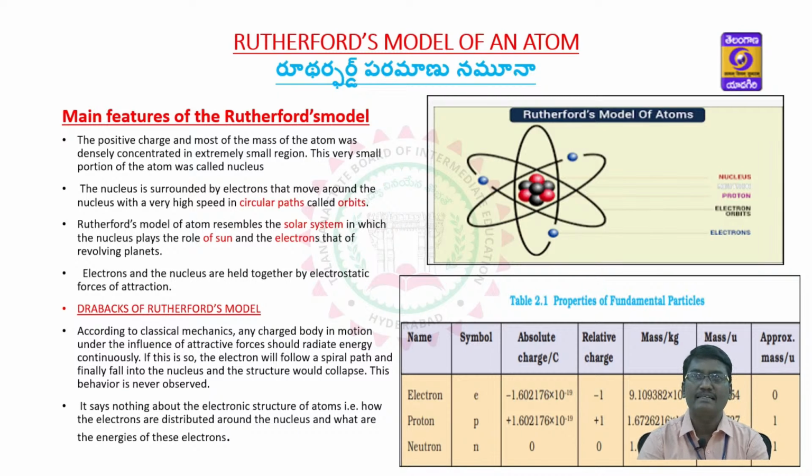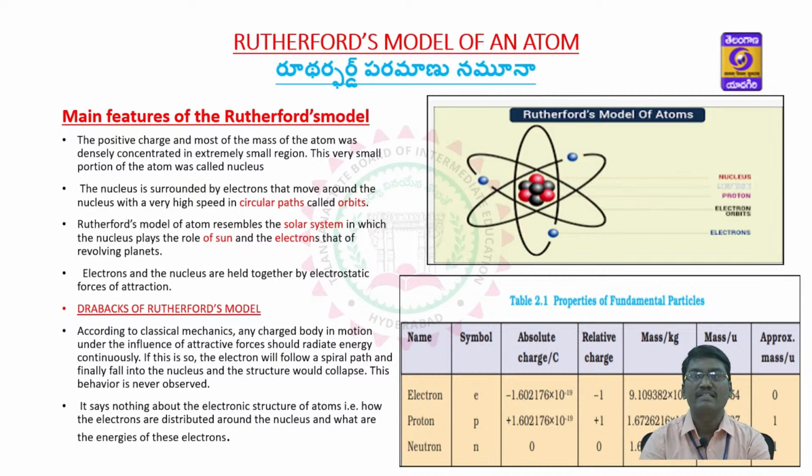So according to the Rutherford model, the nucleus is very, very small compared to the atom. It is a positively charged body which is present in the middle of the atom. The nucleus is surrounded by electrons.